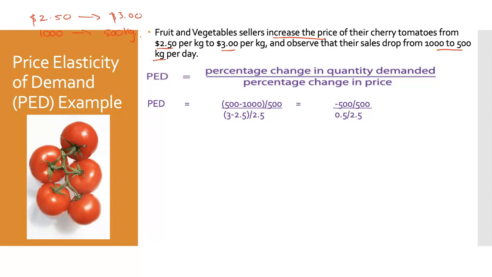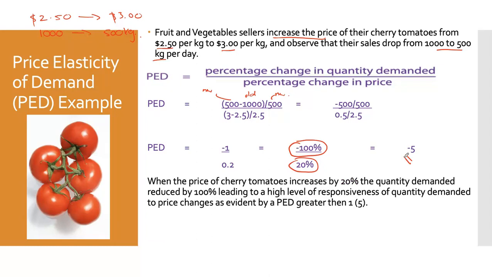To work out the percentage change, we are going to write the new minus the old divided by the new. Now this results in, if we think about it, our quantity demanded going down by 100% because it has halved, and the price having gone up by 20%. This results in a price elasticity of demand of -5.